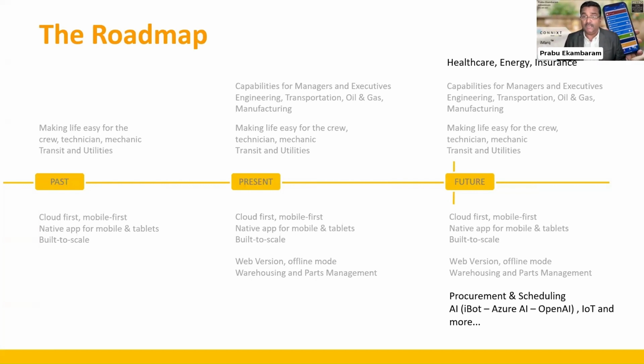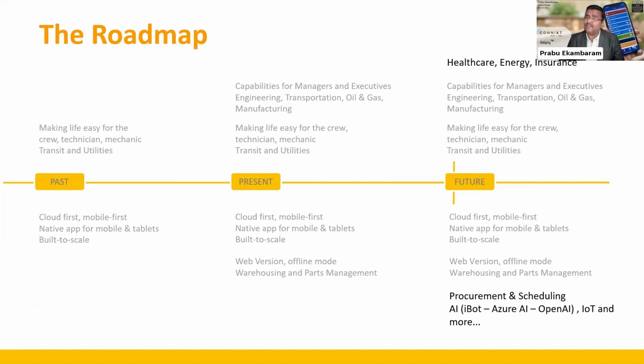Trucking companies, transit companies, utility customers, and some construction companies too. They use one single code base, one single product for all their maintenance needs, because the product is configurable, and we are system agnostic, ERP agnostic, environment agnostic, and device agnostic. We support both iOS and Android. So that is when it comes to extending into other verticals.